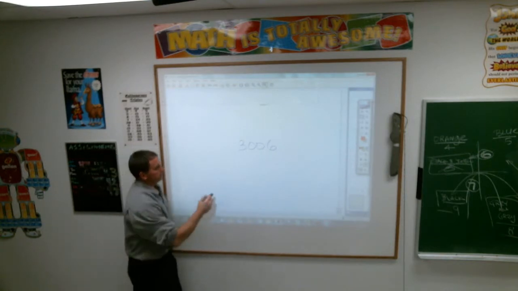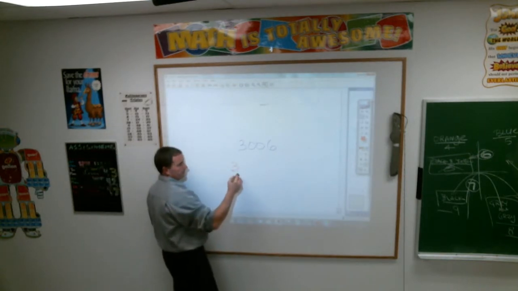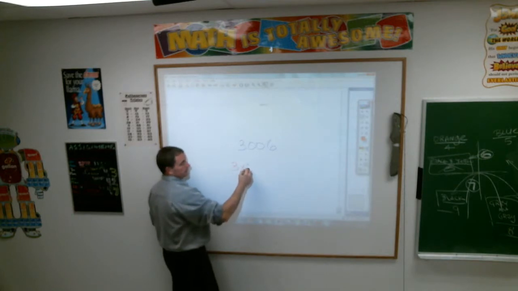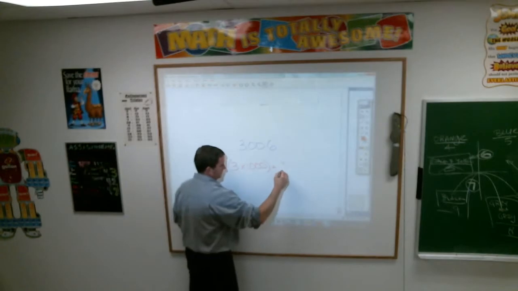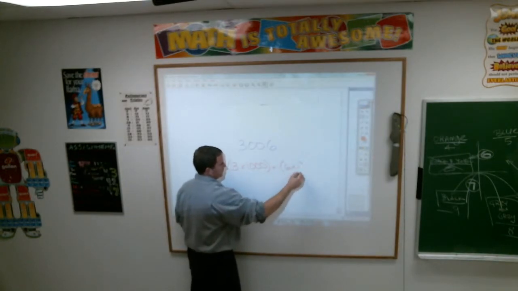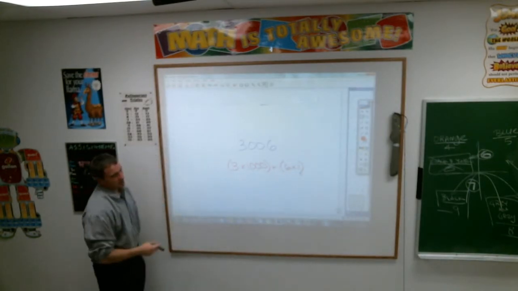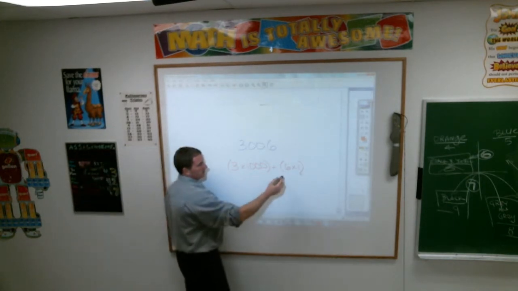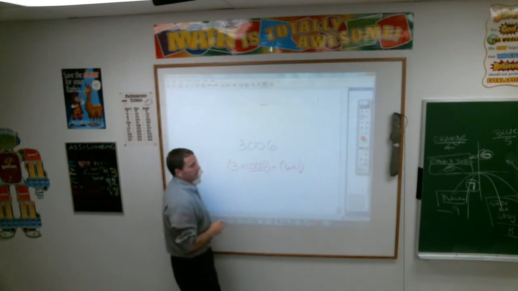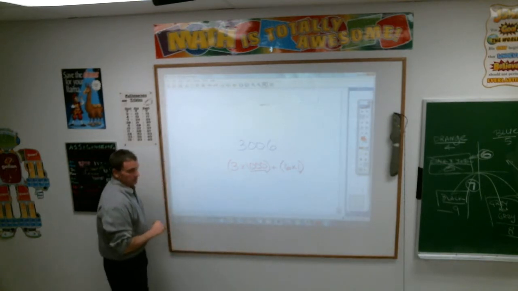Luke, what'd you come up with? 3 times 1,000 and 6 times 1. Very good. Make sure you have the parentheses and the addition signs there. You can't just have a 6, that's a 6 in the ones place. They're just trying to show you the place value of all that. Any questions on that?